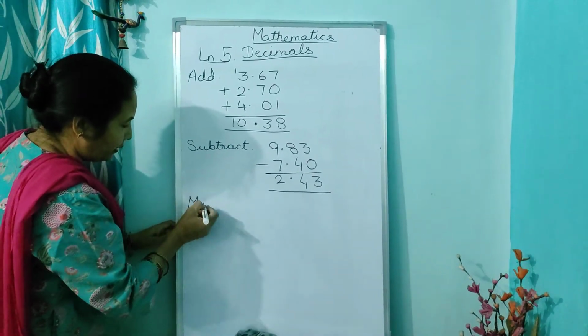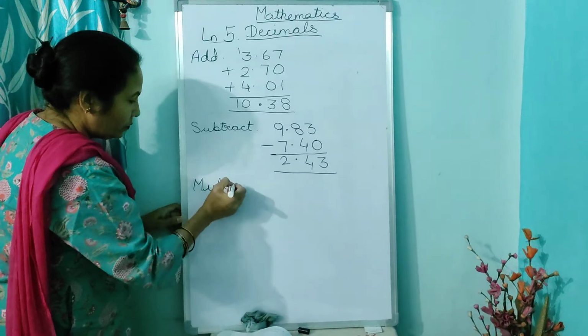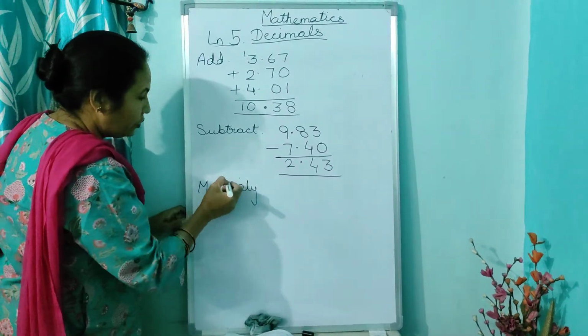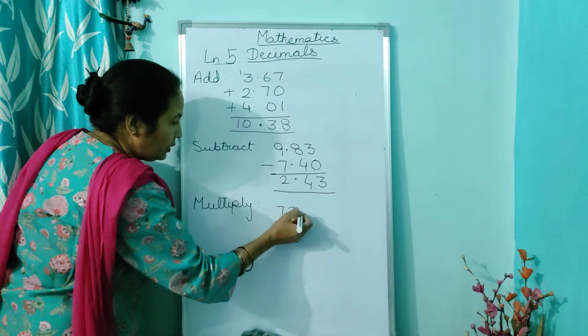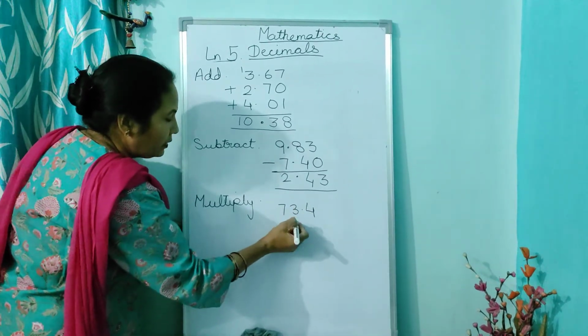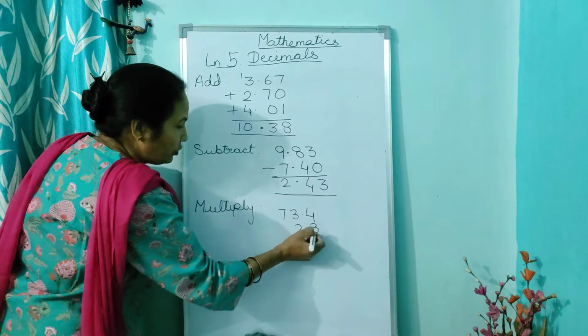Now in multiplication, you have a number like 7.34, and here you have 2.3.